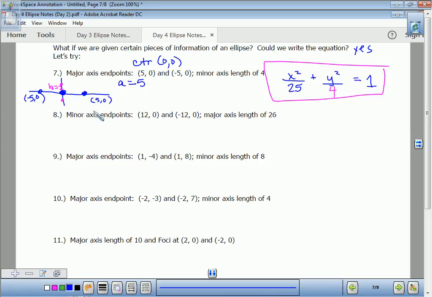Okay, now this one, instead of giving us major, gave us minor. But it's enough. It's all we needed. Okay, so we've got one at negative 12, 0, and one at positive 12, 0. This is the endpoint of our minor. So we know b is 12.